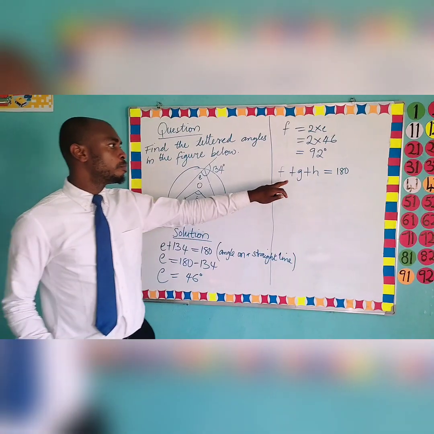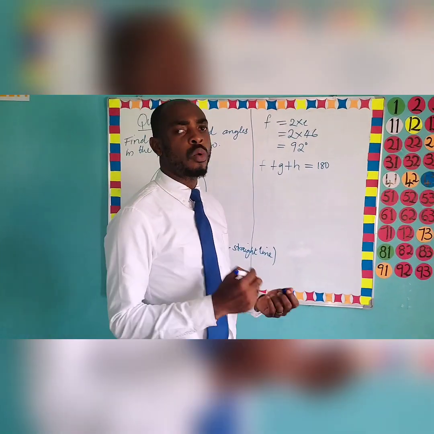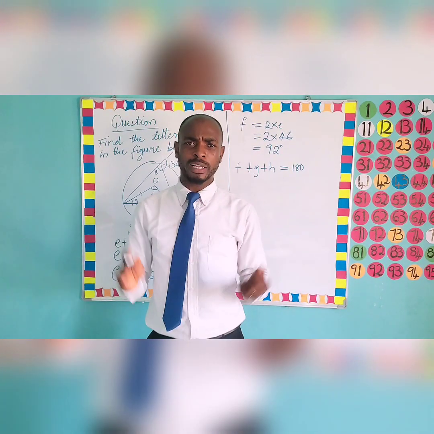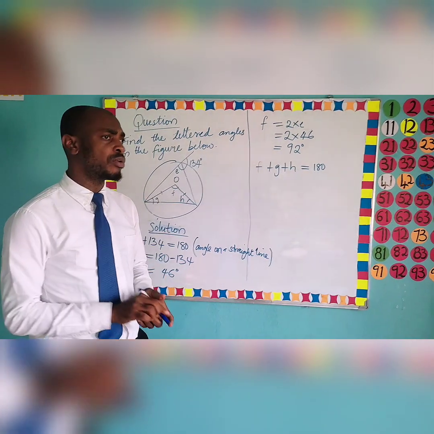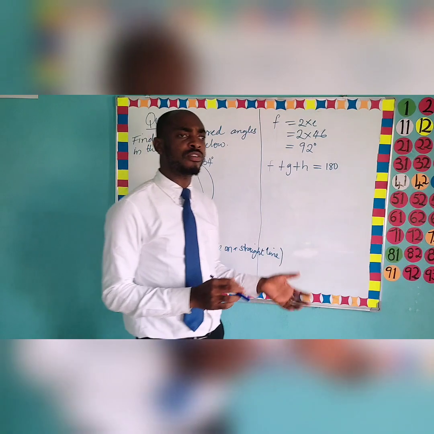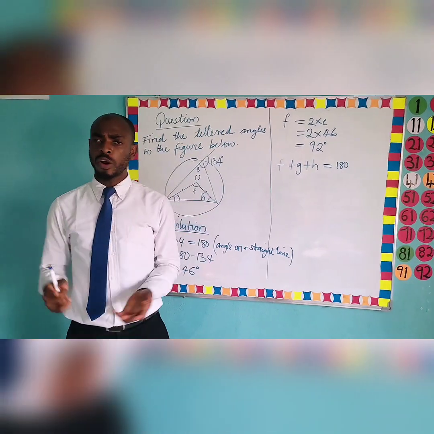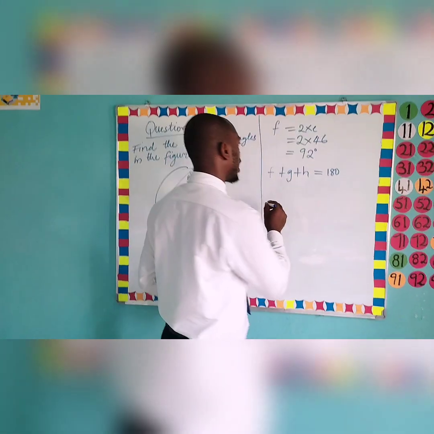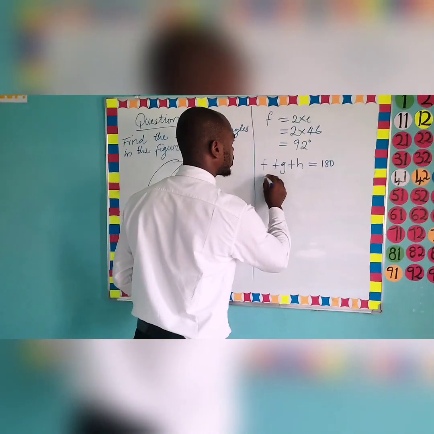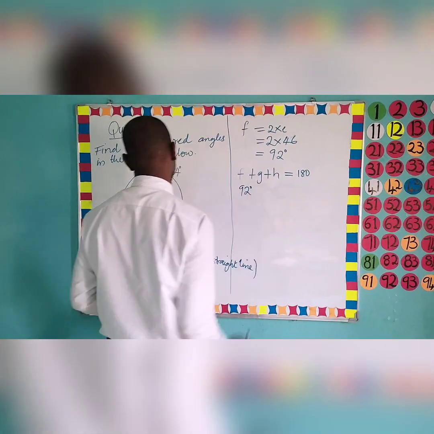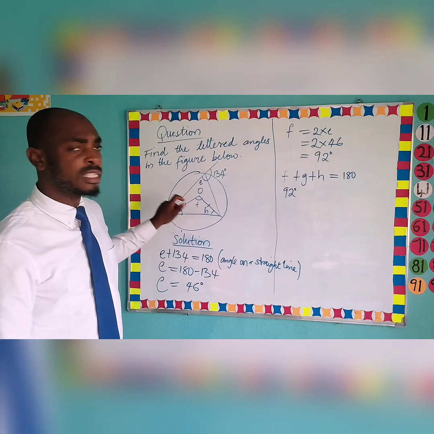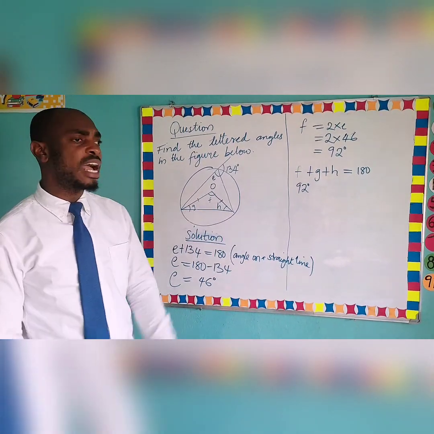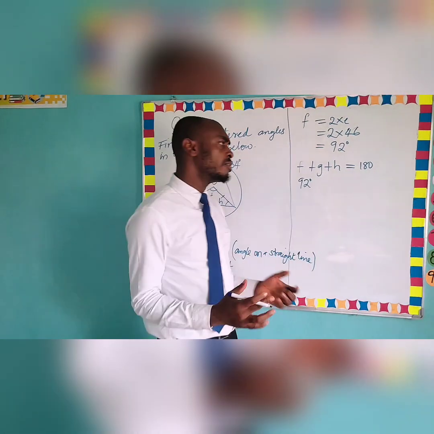Now A plus G plus H equals 180 degrees, the sum of angles of a triangle. When you add all the interior angles of a triangle, you have 180 degrees. We know that A equals 92 degrees. Remember, I said this is an isosceles triangle, which means G and H are equal in value.